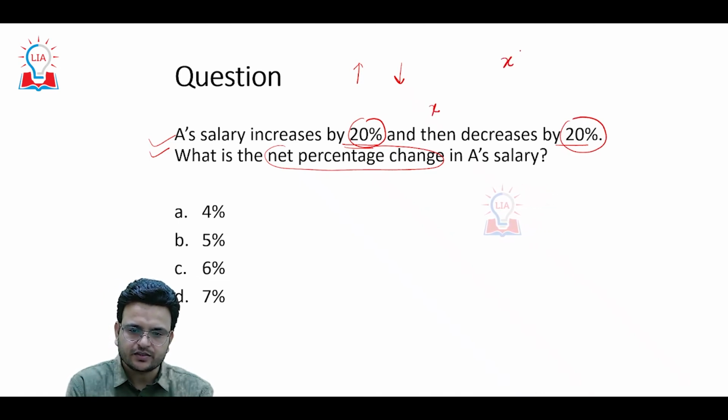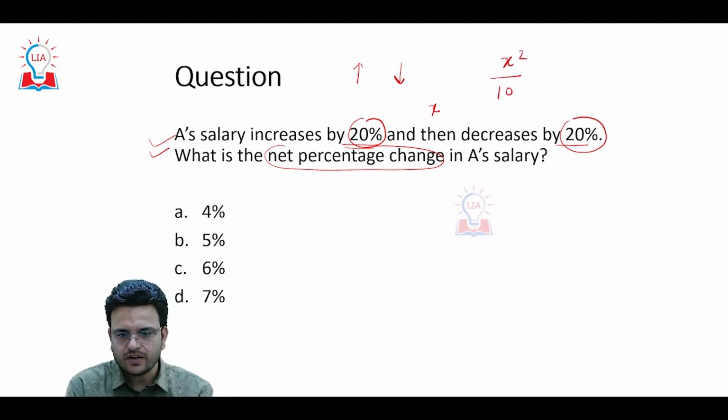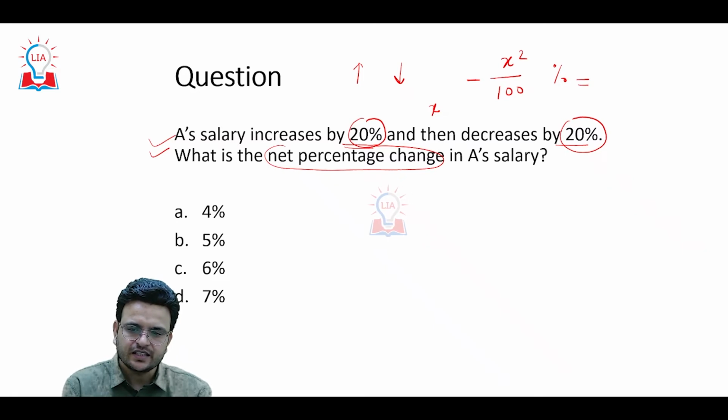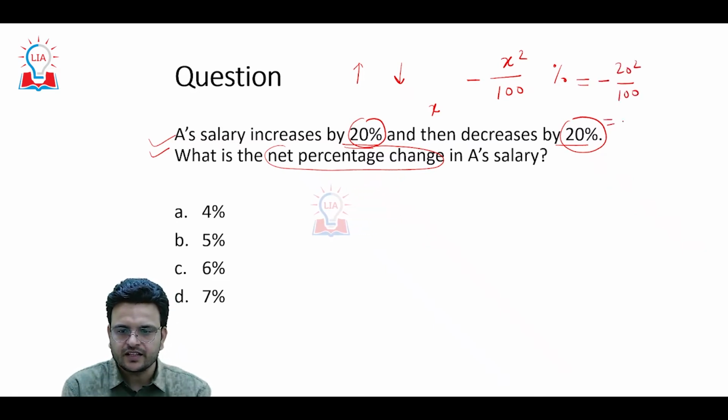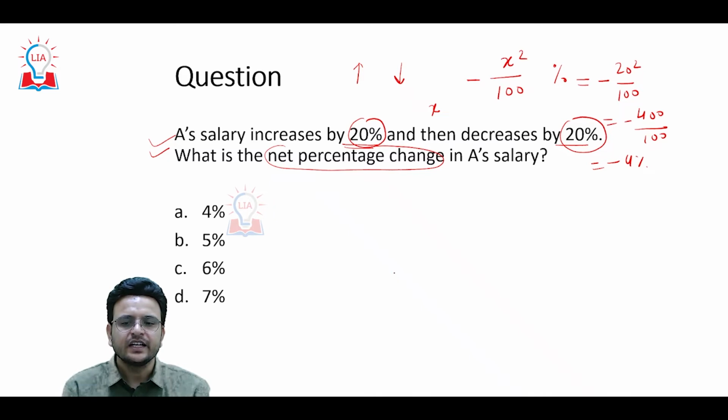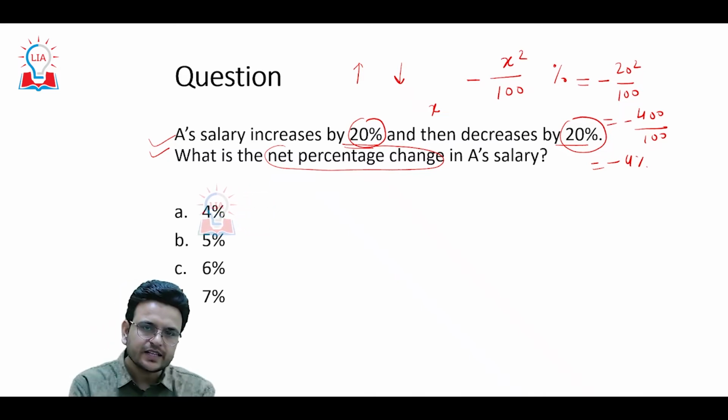So x square upon 100 will be minus. That is your answer. So it is reduced by 20 square upon 100, that is 400 upon 100, so minus 4%.